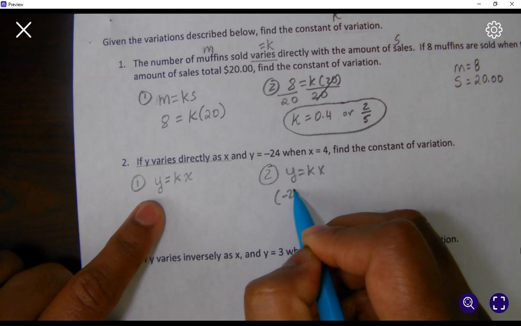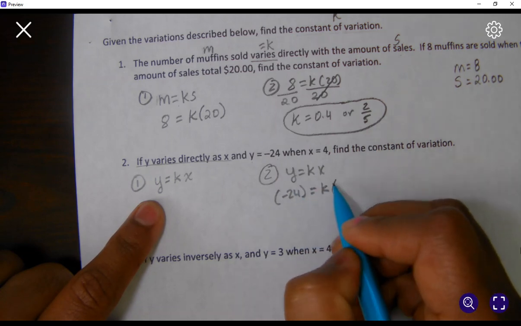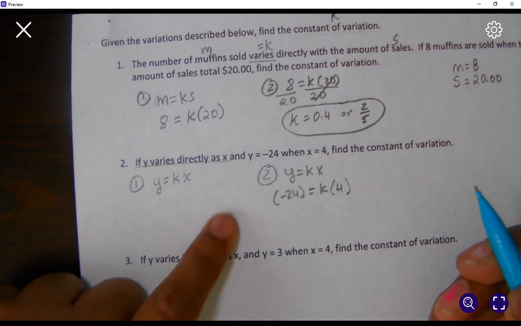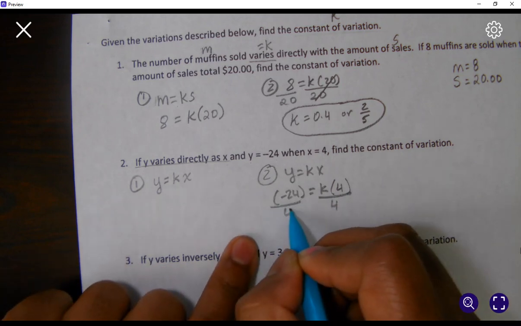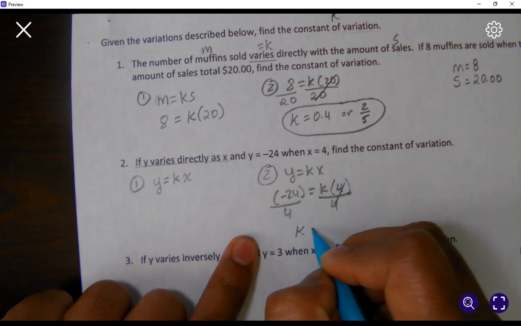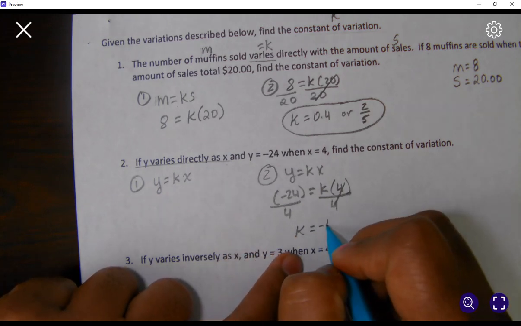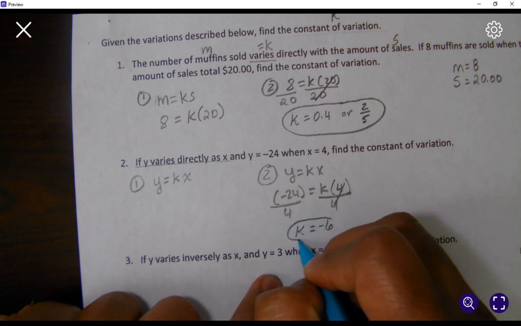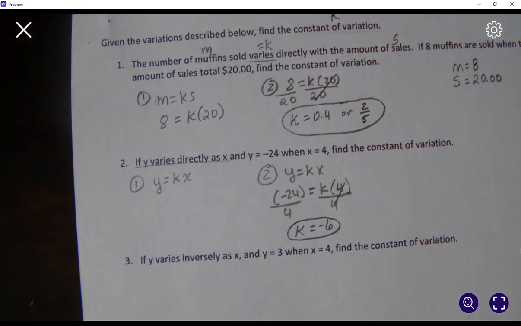So y is -24 equals k, and we'll find out what k is, times x, and then x is equal to 4. To find k, you need to just divide both sides by 4. So you have k equals -24 divided by 4, which is -6. And that's what I found, my constant of variation.